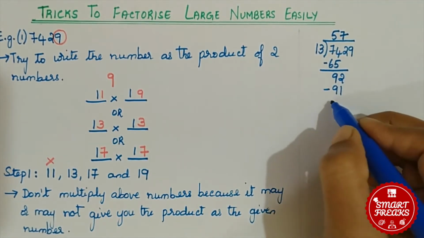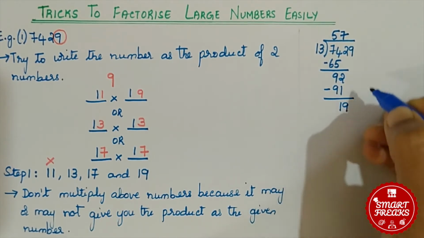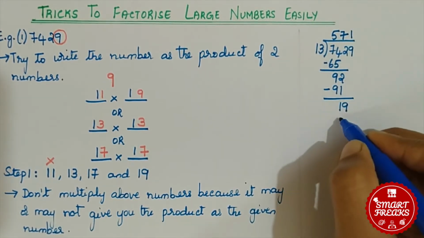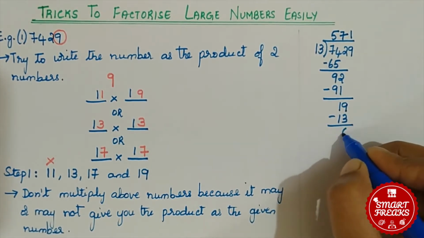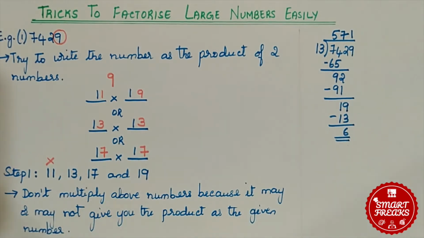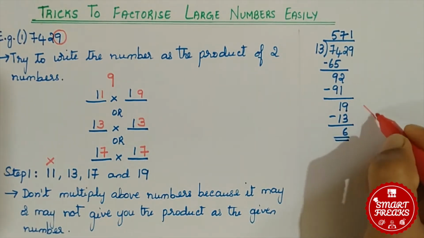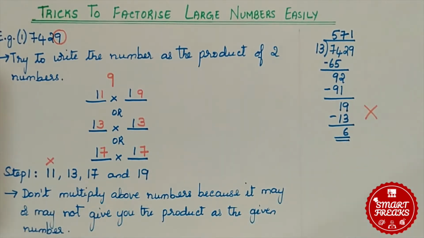Subtract, you get 1. Bring 9 down. 13 1s are 13. Subtract, remainder is 6. We get a remainder. That means the given number is not divisible by 13. Then check with 17 and 19.